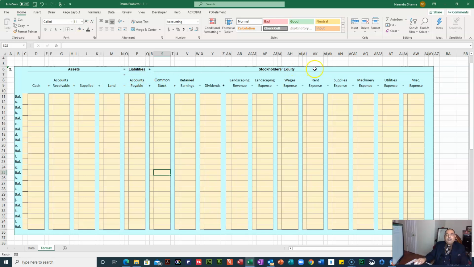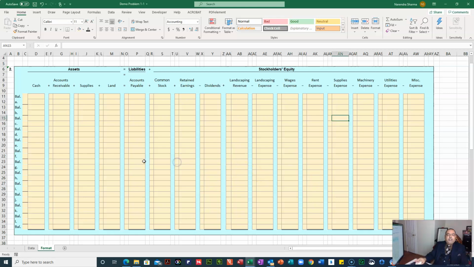And then in the stockholders' equity, I have common stock, retained earnings, dividends, revenue, and then a line of expenses. So depending upon what is given in your problem, that's how you develop it. In this small column, I'm going to write the sign, whether it's increasing or decreasing, and in the bigger columns, I'm going to write the amount.